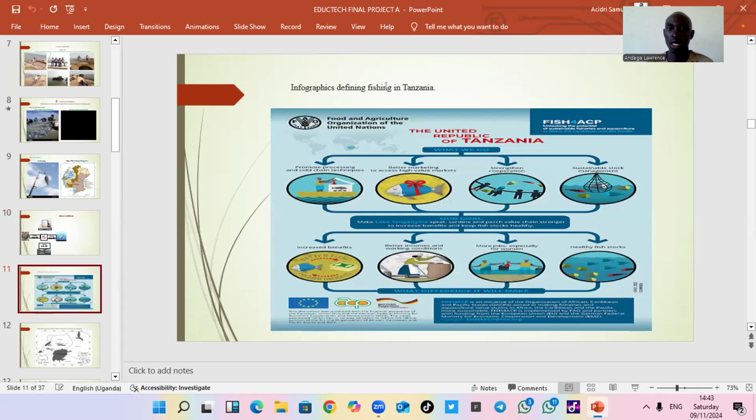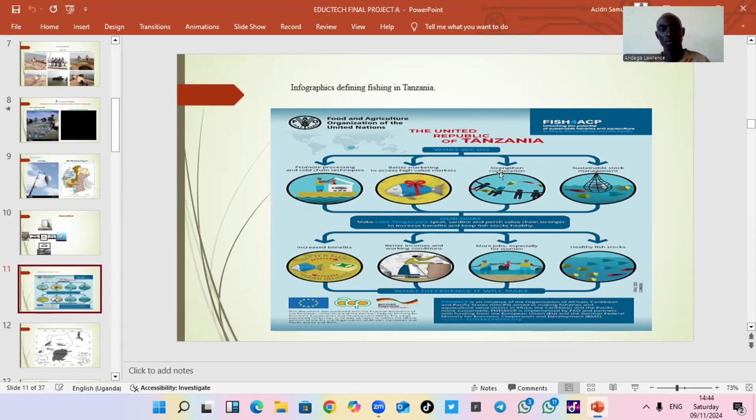And then, still on the topic of fishing and fish resources in East Africa, I have another visual aid that is called infographics. This is a clear picture of it, and here it talks about fish marketing, healthy fish stocks, increased benefits related to fish, sustainable stock management, and stronger cooperation in East Africa.